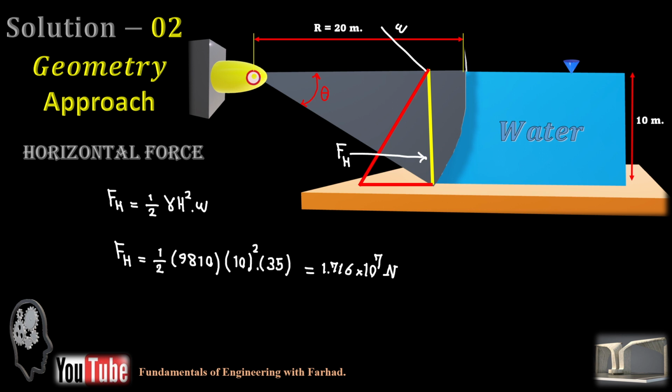Half of gamma of water is 9,810 times the height of the water, which is 10 meters squared, times the width, which is 35. By simply jotting this down, we can ignore the long way of calculation in previous solutions. So it's the exact same value as the integration approach.